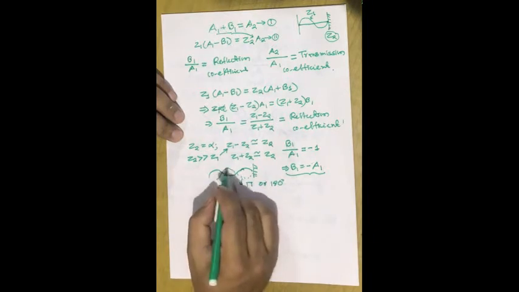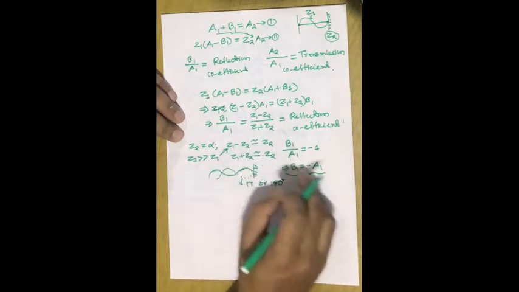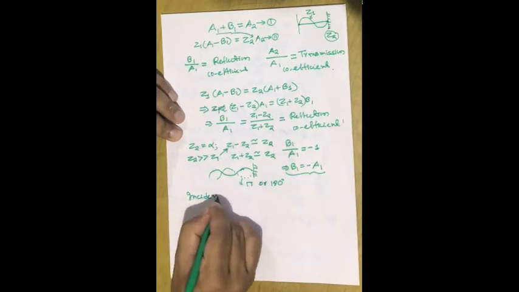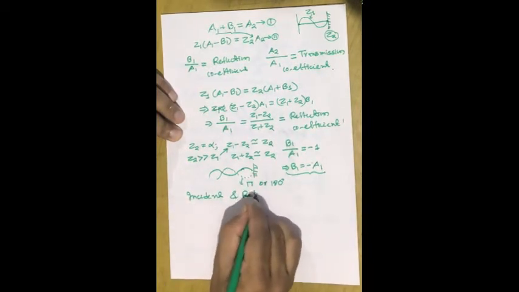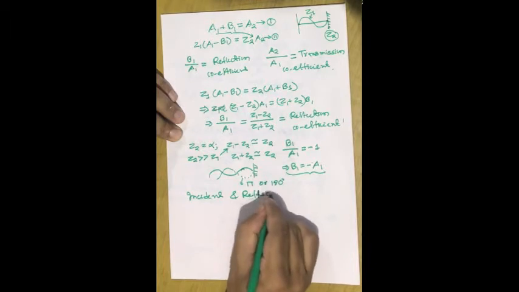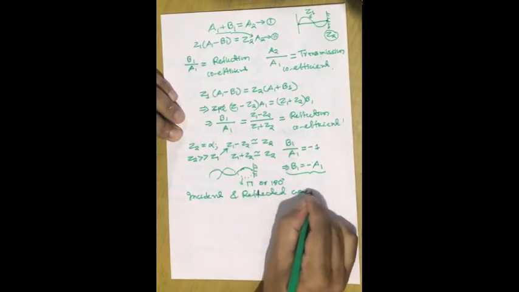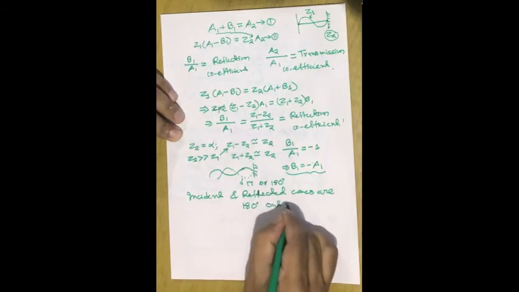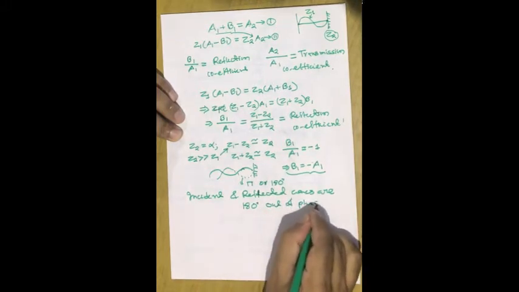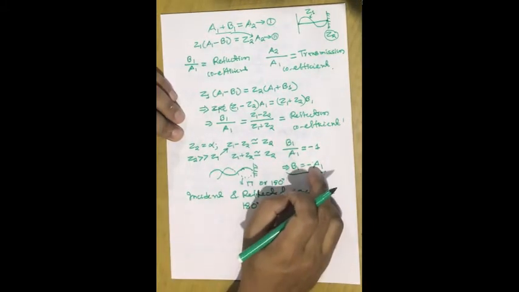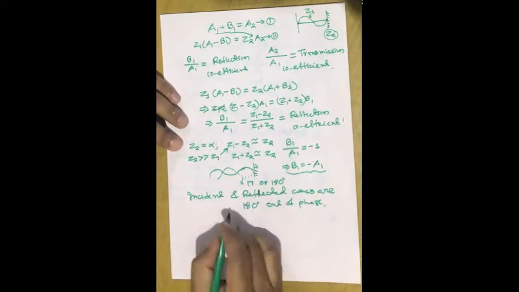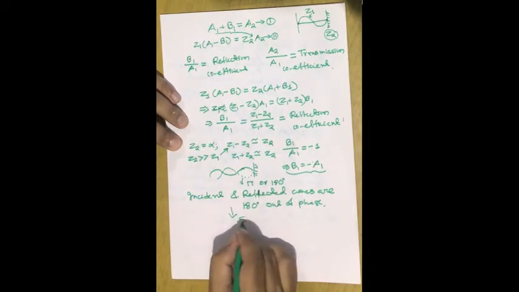So in such a scenario, when B1 is equal to minus A1, the incident and the reflected waves are 180 degrees out of phase. This is the physical meaning of B1 equal to minus A1. And when such types of waves superimpose, then what we will obtain is the standing wave.